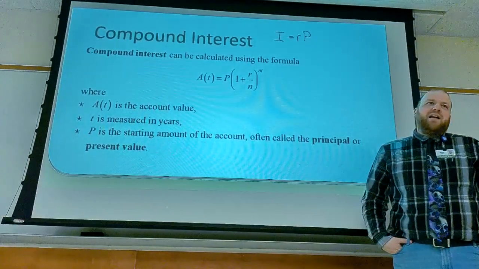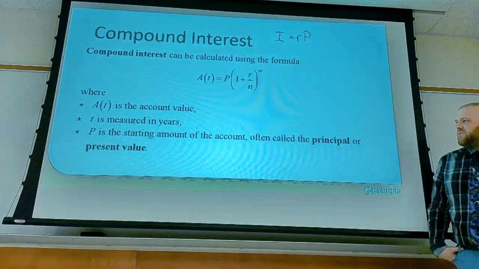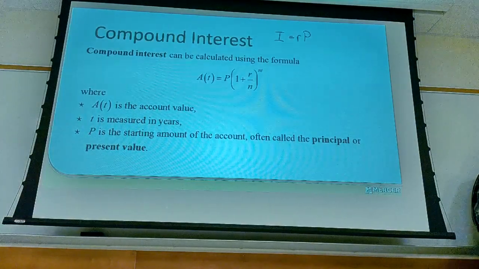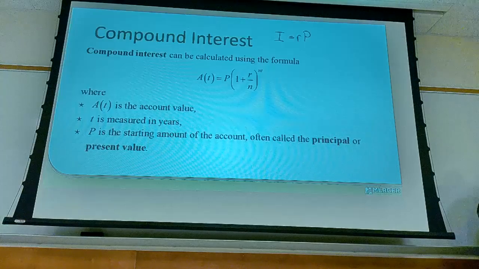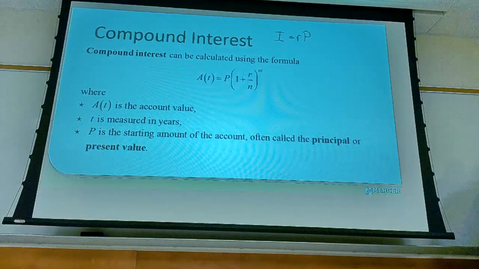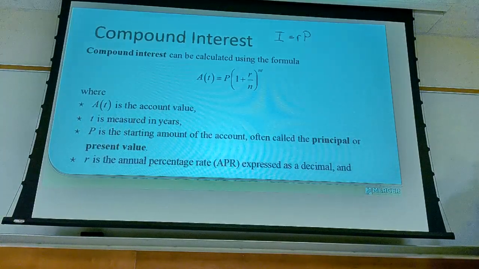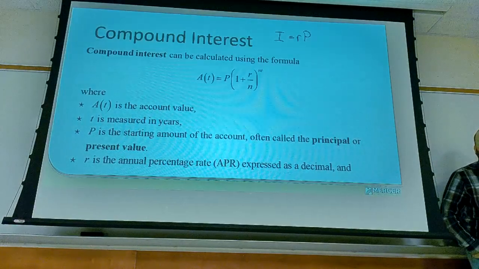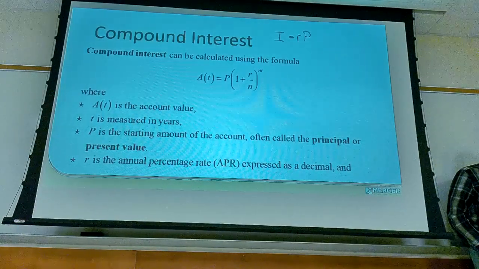P is the starting amount of the account, often called the principal or the present value. R is the annual percentage rate, the APR, expressed as a decimal.